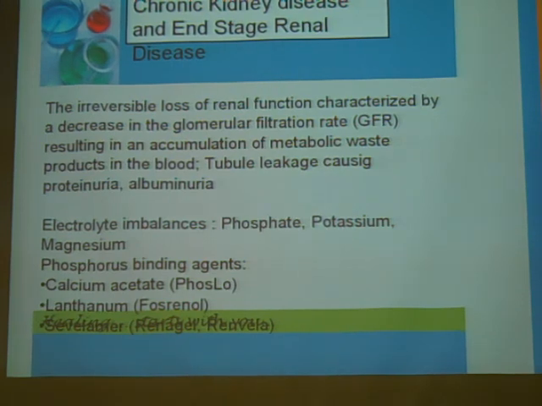Literally, it's like a molecule that looks like a mesh that binds to the phosphate and just traps it, so it can be excreted. But in the renal patient, because of the kidney not functioning properly, and I didn't get to put this on the slide, red blood cells are sometimes produced in the kidney.